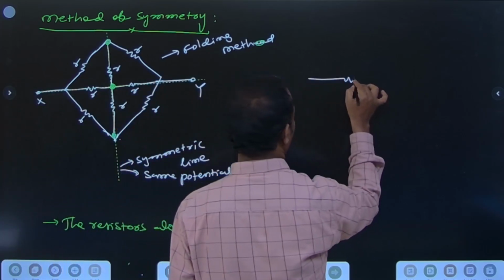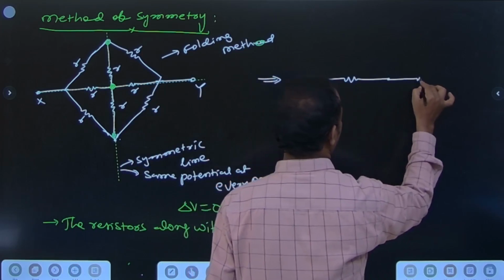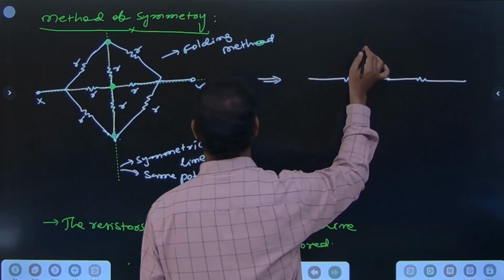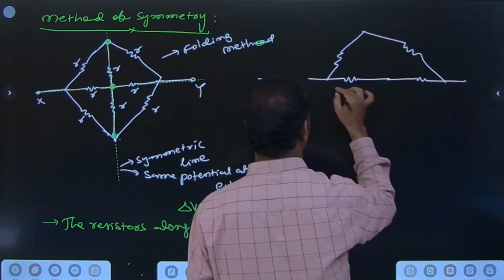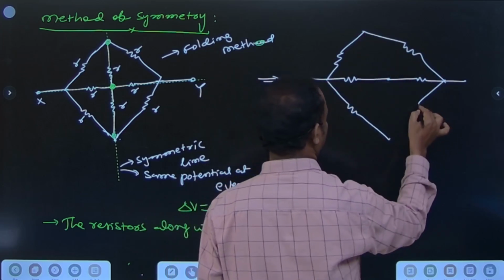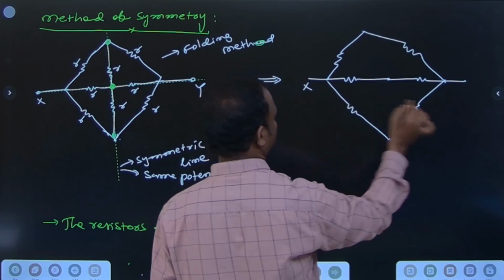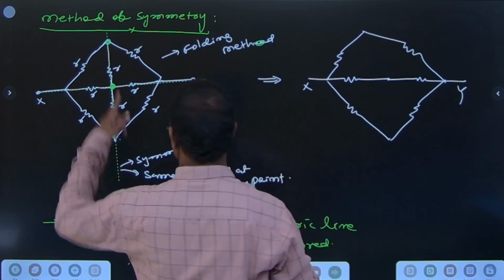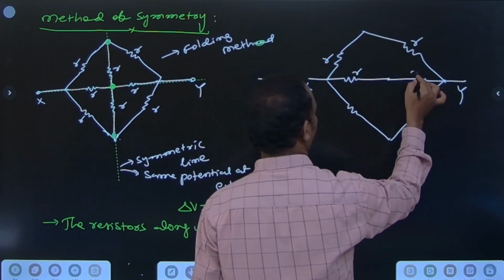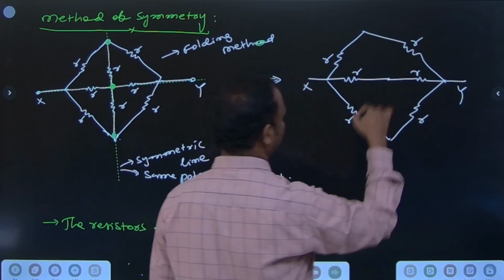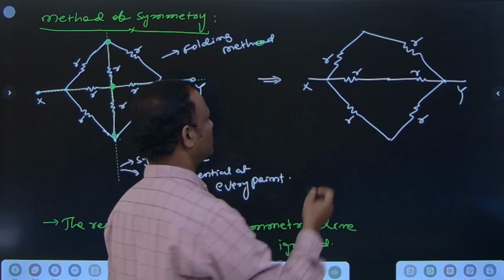So if you remove this, we have the resistors like this, and this is our situation. It's X and Y. These are removed, so it's R, R, R, R. Everything is R. Then you can find the equivalent resistance.